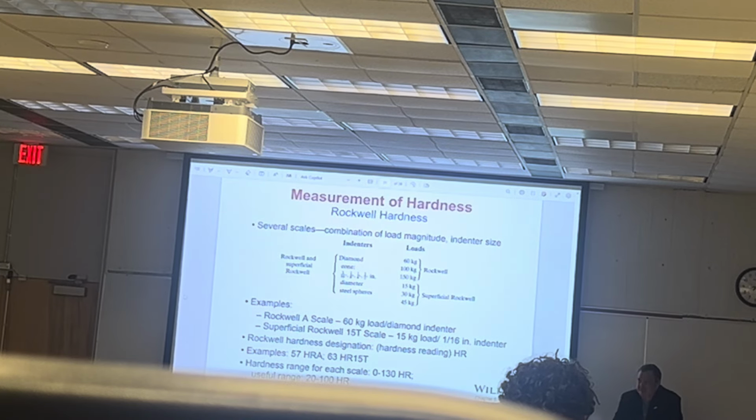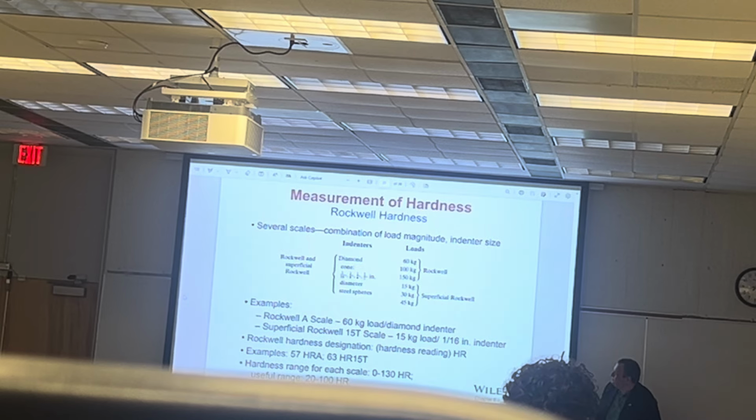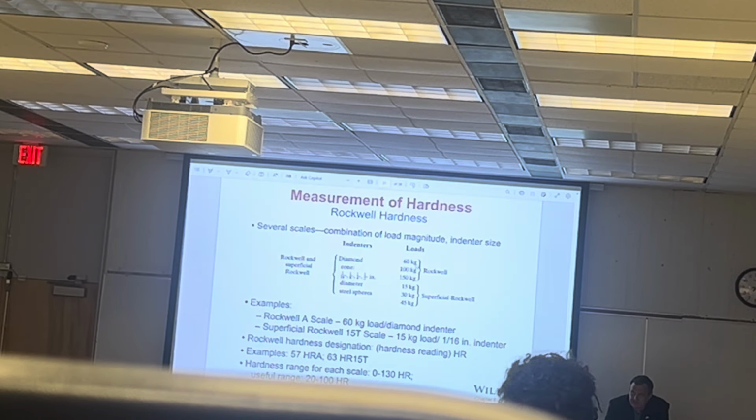It's measured by using different indenters. And then there's Rockwell and superficial Rockwell, different scales. There's diamond cone and different diameter steel spheres and the corresponding load. 60 kilograms, 100 kilograms, 150. And then there's superficial Rockwell of 15, 30, and 45.